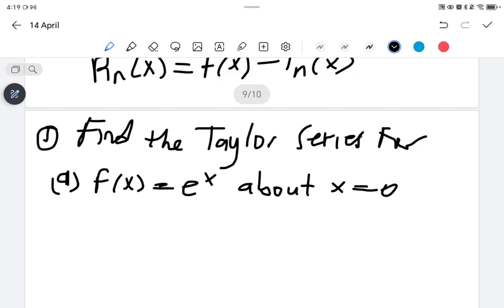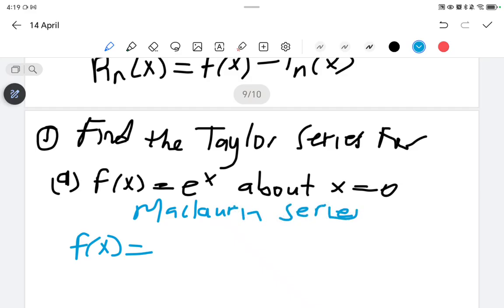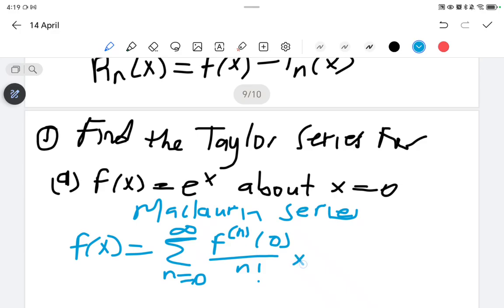So every time x is equal to 0, it means we are dealing with the other one. Yeah. And the equation for the Maclaurin series says this. Let me just write it. The summation from n = 0 of f^(n)(0) over n factorial x^n.